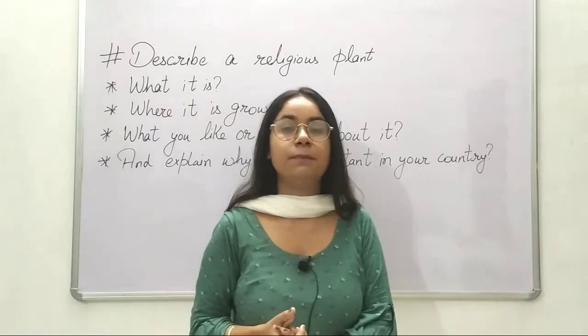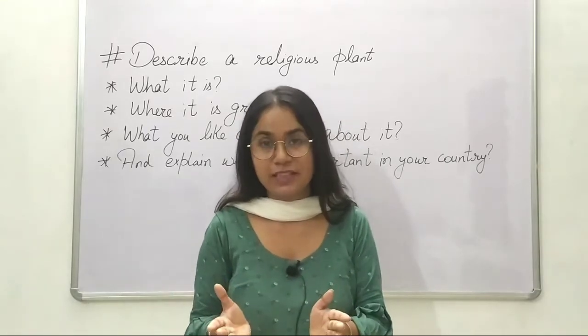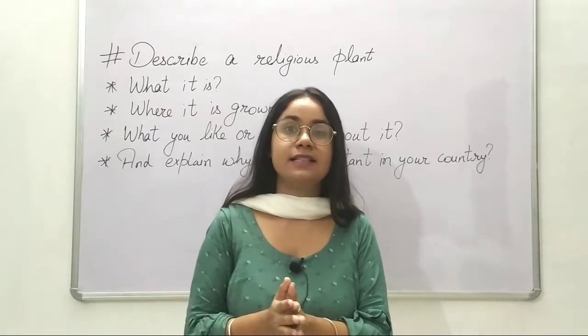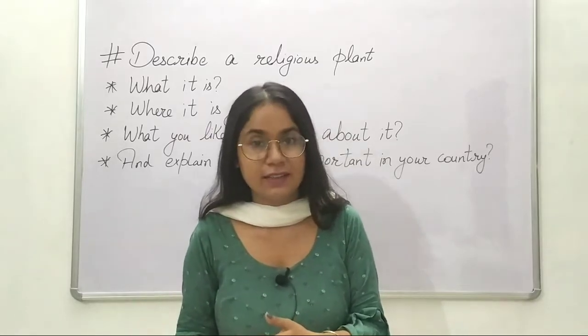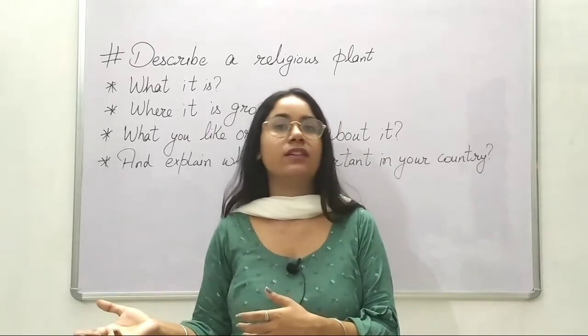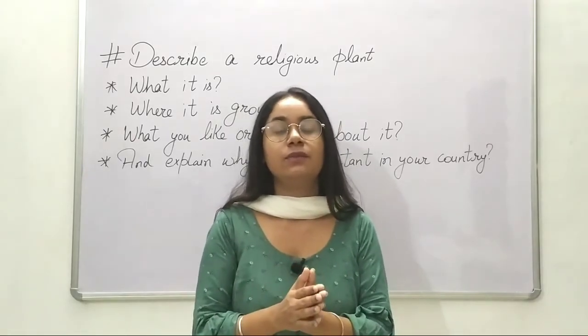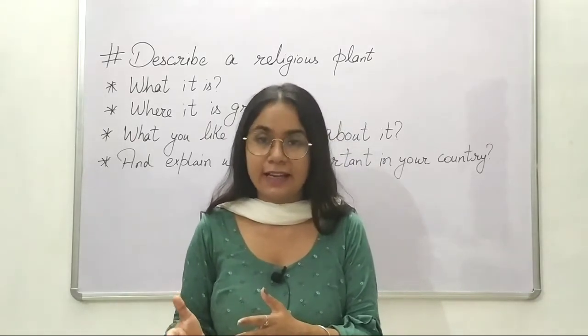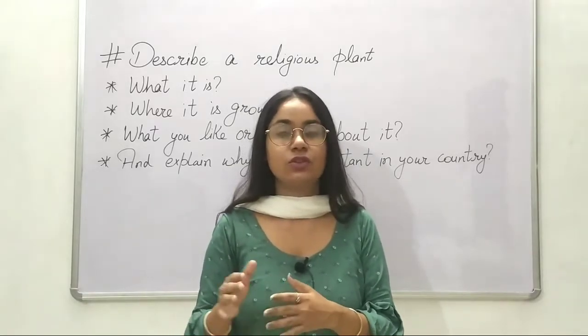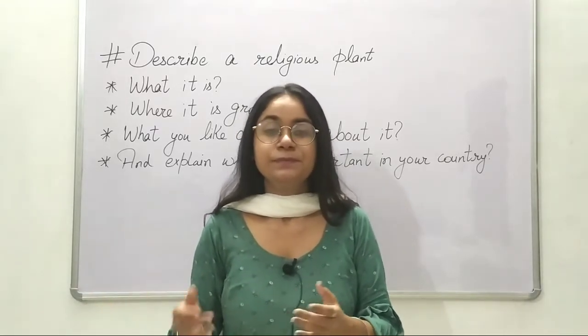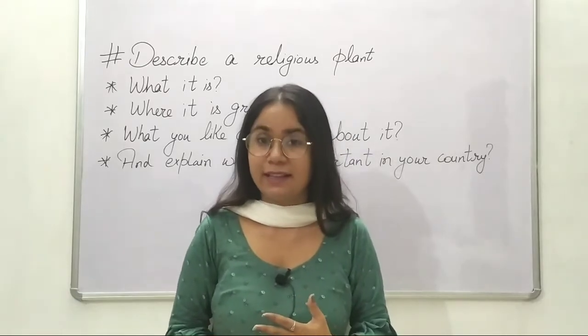Another example is the peepal plant, which is known as the fig tree. It is grown near a shrine or a temple. Similarly, there is the neem plant, which is known as Indian lilac in English. It is also grown near a shrine and temple. Another example is the banyan tree.